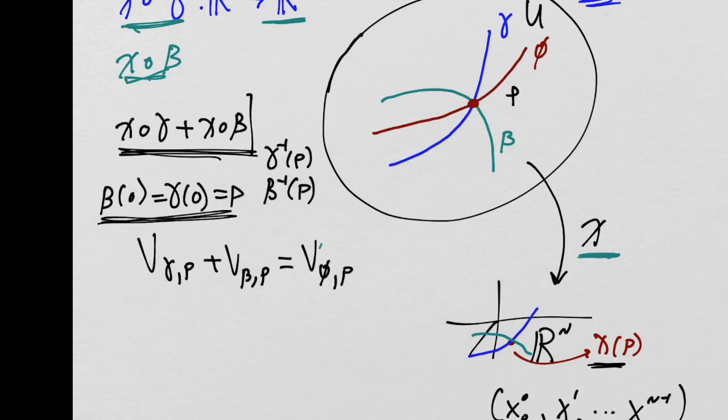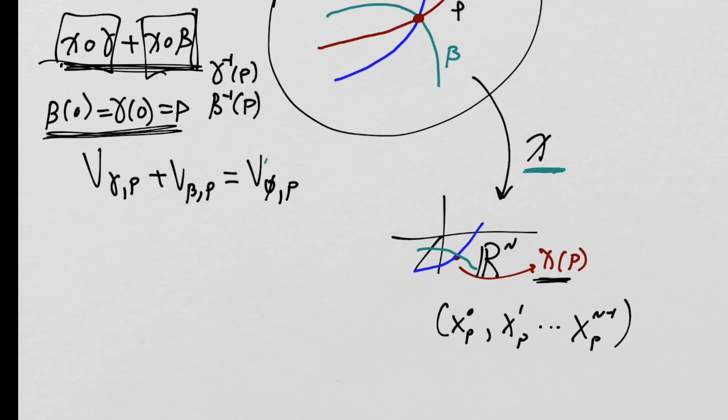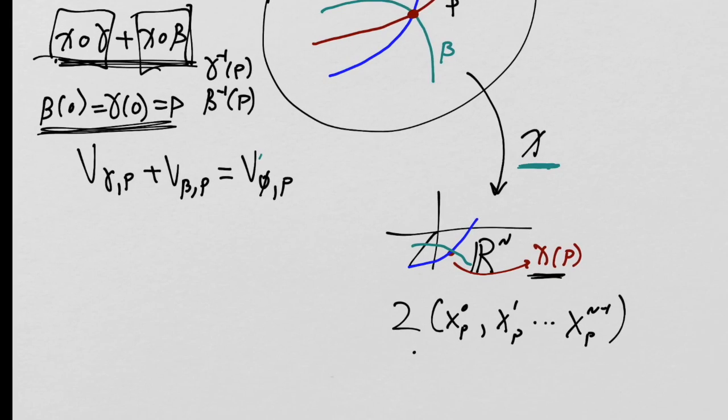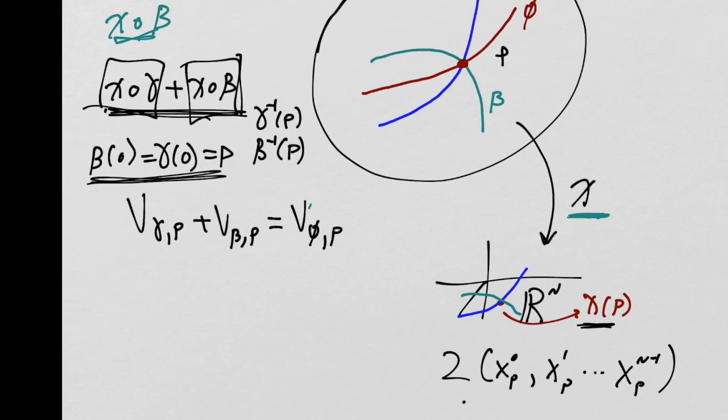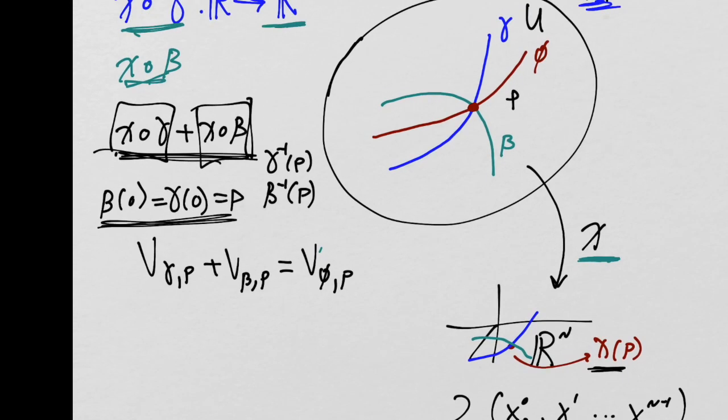However these curves are parameterized, the 0 values are at P. So if that's the case, then this is the coordinates of the point P, and this is the coordinates of the point P. And therefore, the sum of those is going to be basically 2 times the coordinates of point P. So at the parameter value equal to 0, this curve, which I'll call this curve phi, is not going to be at P. Phi is going to be at some other point, say here.